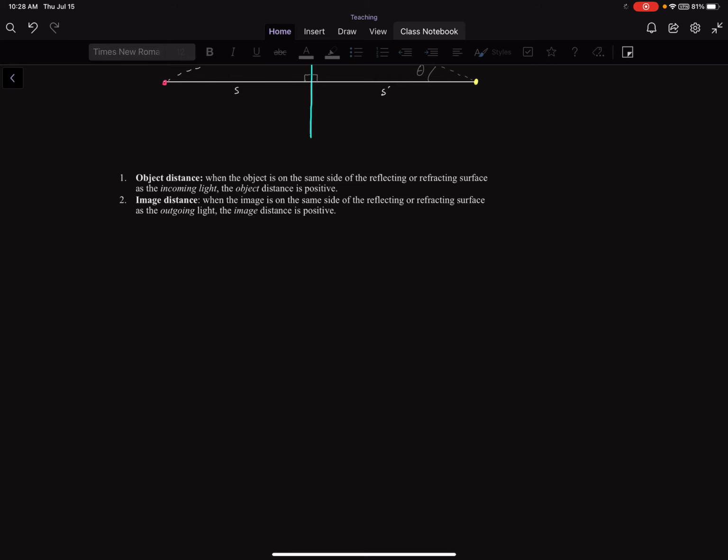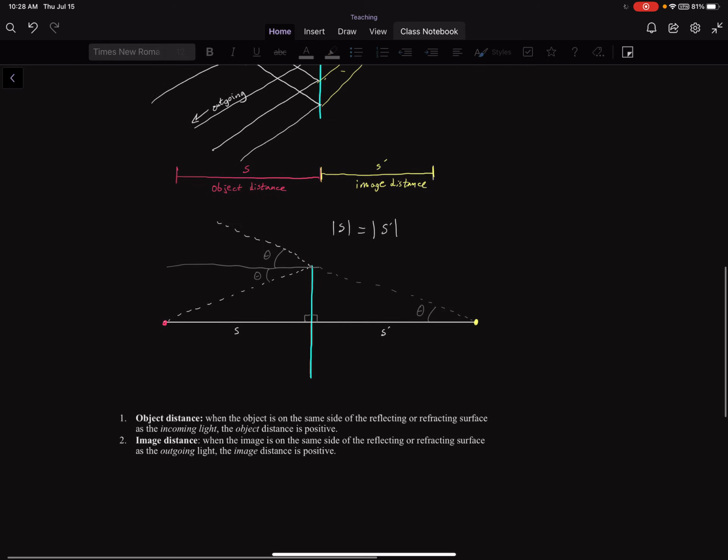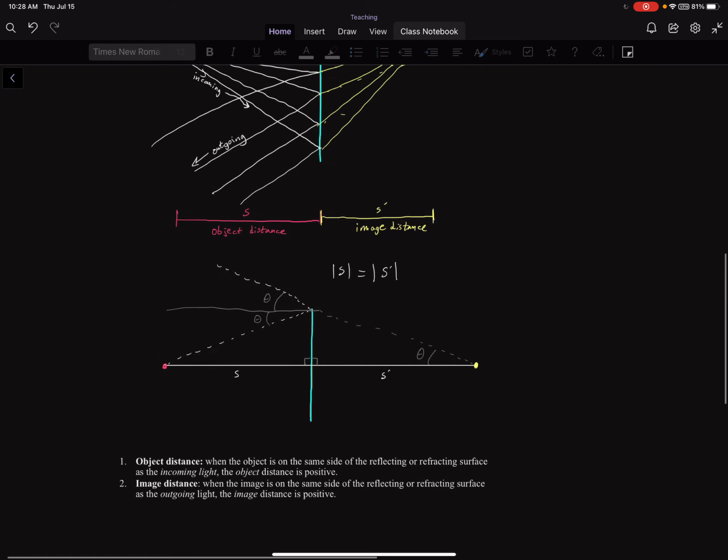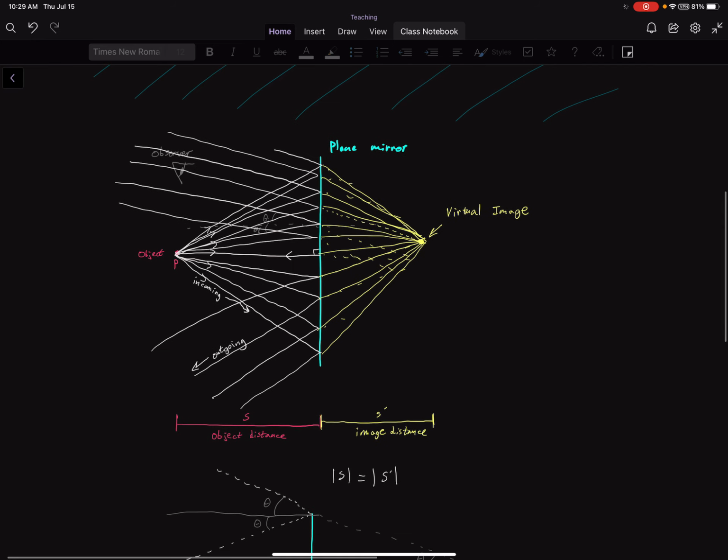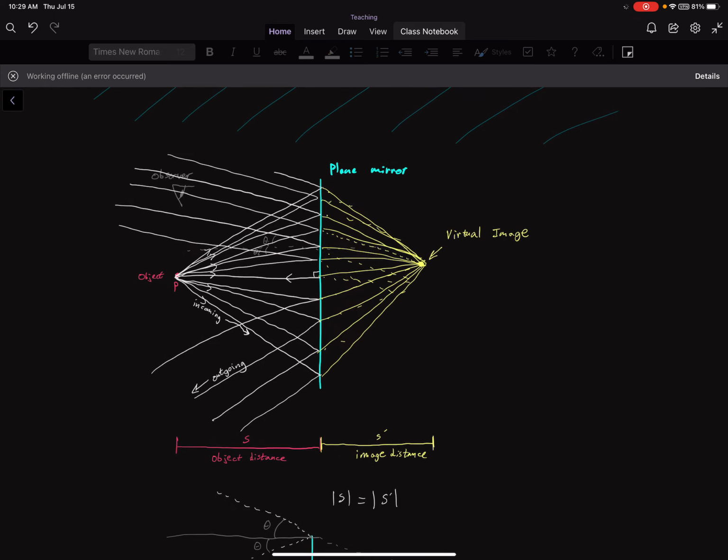All right, so very similar concept. So sign rule number 2 just says that if the image is on the same side as the outgoing light, then the image distance is positive.